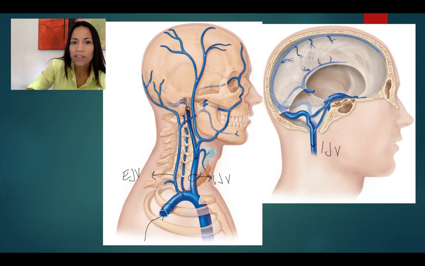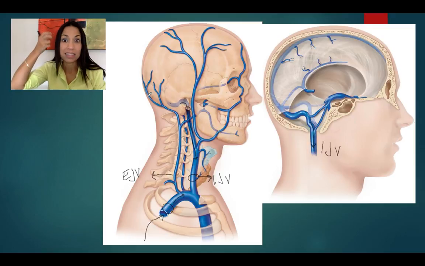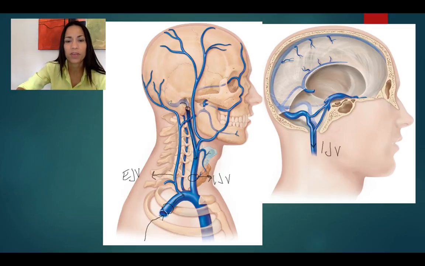And the external jugular vein is just collecting deoxygenated blood from part of the lateral but mostly posterior aspect of the skin of your skull and the scalp, all the surface of your head in here. So this is external, superficial blood. This external jugular vein empties the blood into the subclavian vein, okay? So the external jugular vein empties the blood into the subclavian.